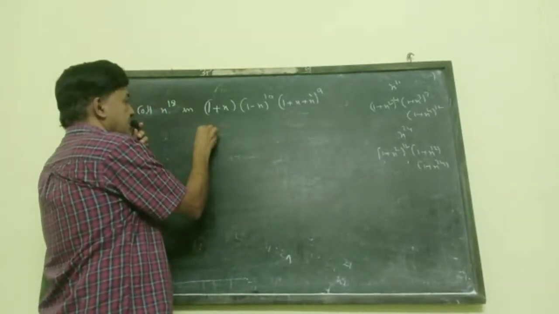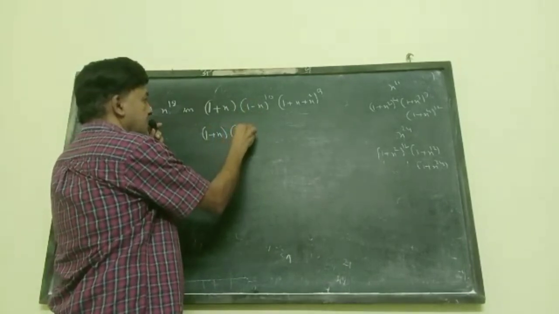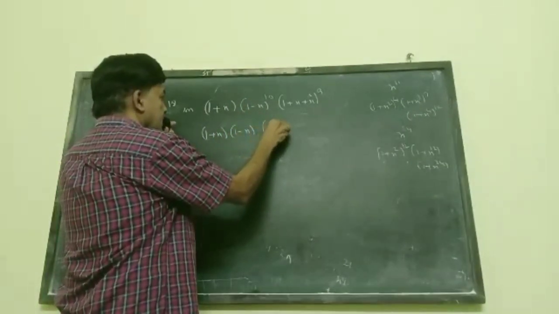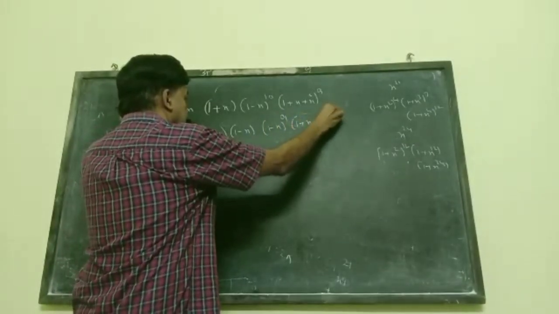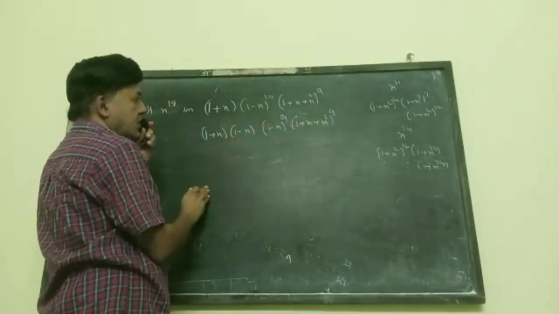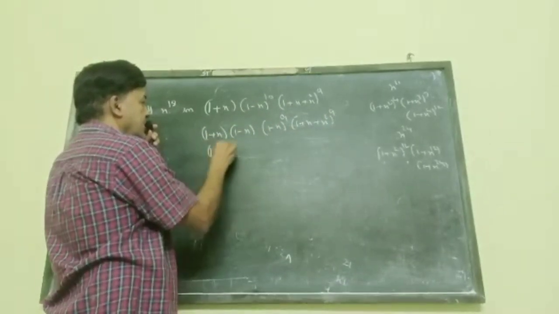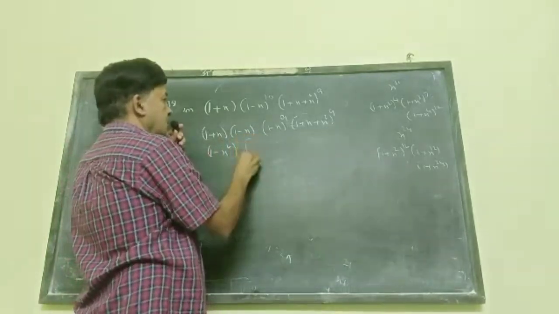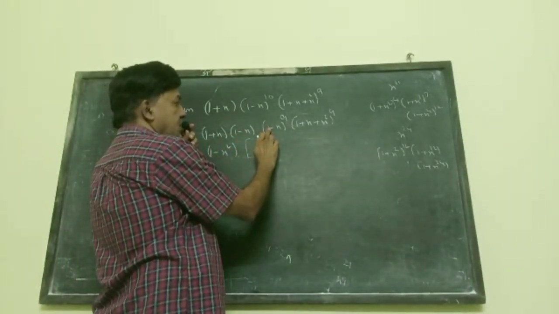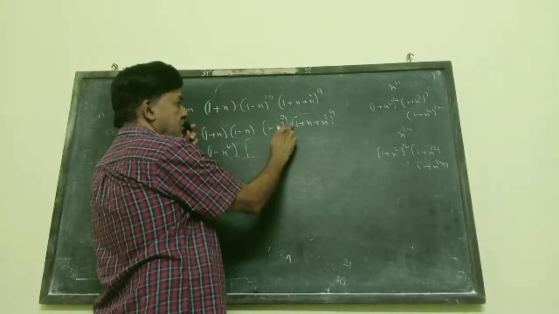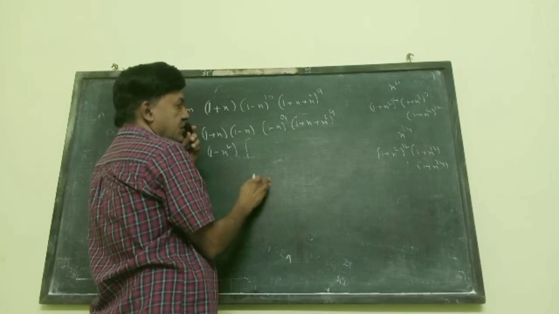Observe this. You write (1 + x) as (1 - x)(1 - x)^9, and you can split it like this. This into this will become (1 - x^2), and you can club these two. This is just like (a - b)(a^2 + ab + b^2), which is a^3 - b^3.